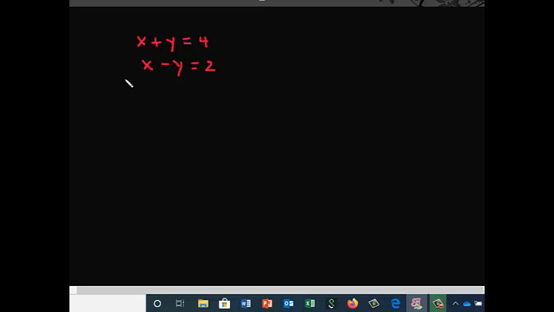You can actually now from your algebra remember what type of form these equations are in. This is considered standard form. Both of these equations are in standard form. And then you have this thing called slope-intercept form. But we're going to change both of these to slope-intercept form, and I'm going to show you something.